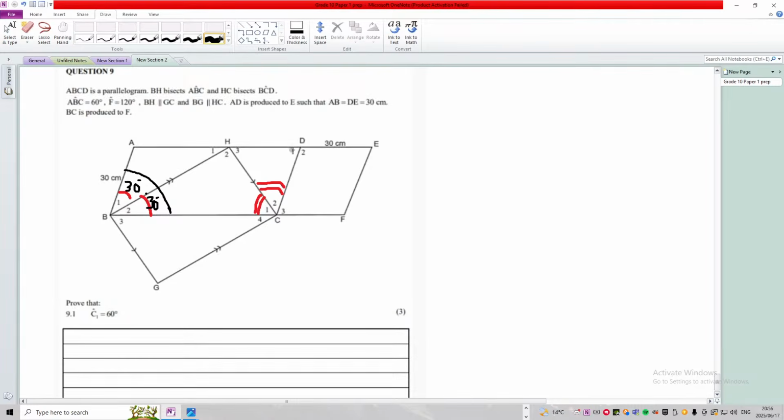F is 120 and BH is parallel to GC. It's been given to us. And we have some equal signs. Okay. How are we going to prove C1 equal to 60 degrees?